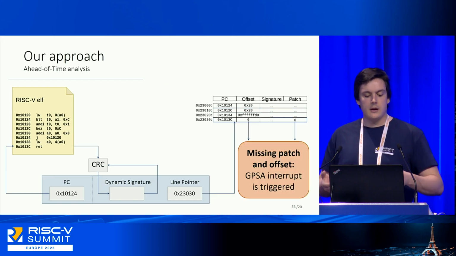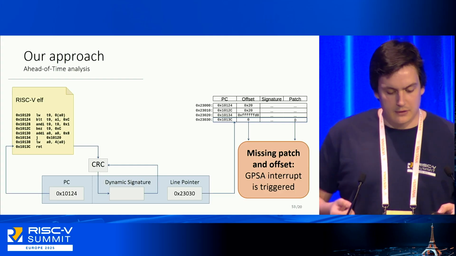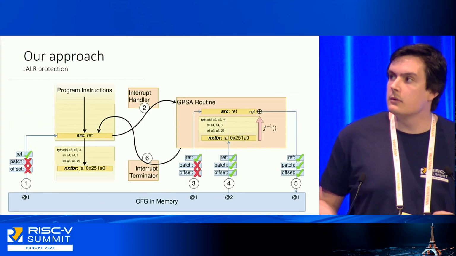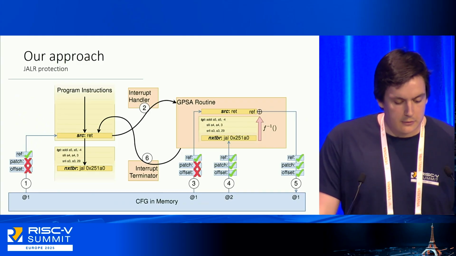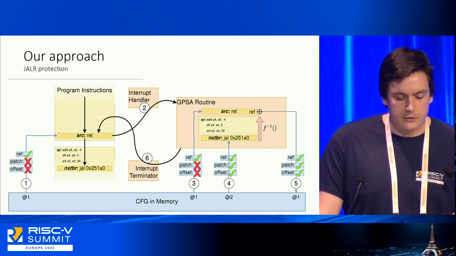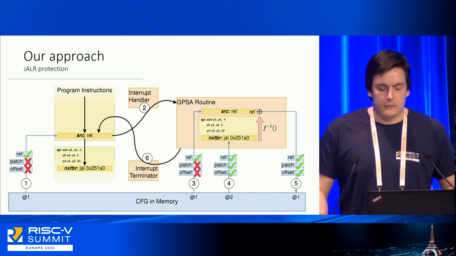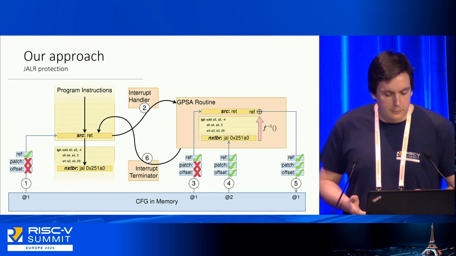And when we execute an indirect jump and return instruction here, we do not have offset or patches yet, so we go into an interrupt and execute the software routine to compute a patch and an offset from the known values at this point of the return instruction and its target. And now we have the values available. The execution of the program can resume.